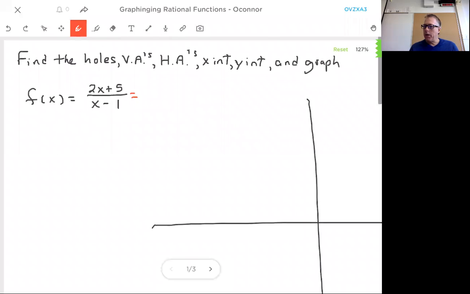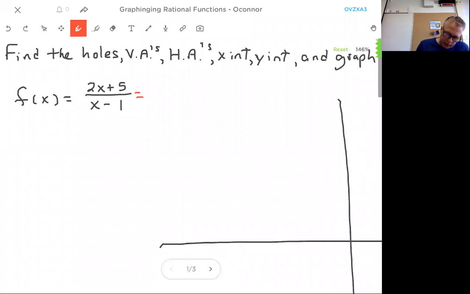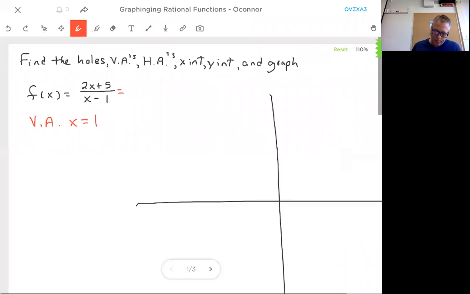So when it comes to discontinuities, there are two types. A discontinuity is either a hole or a vertical asymptote. Okay, not both. Can't be both. It's one or the other. And in this case, it is a vertical asymptote. So we have a vertical asymptote at x equals 1.